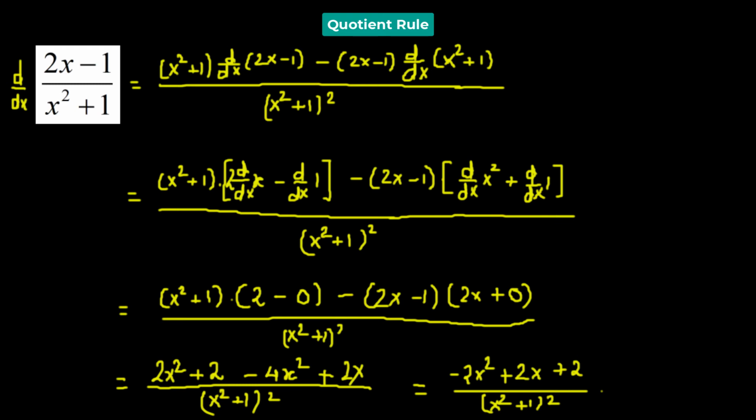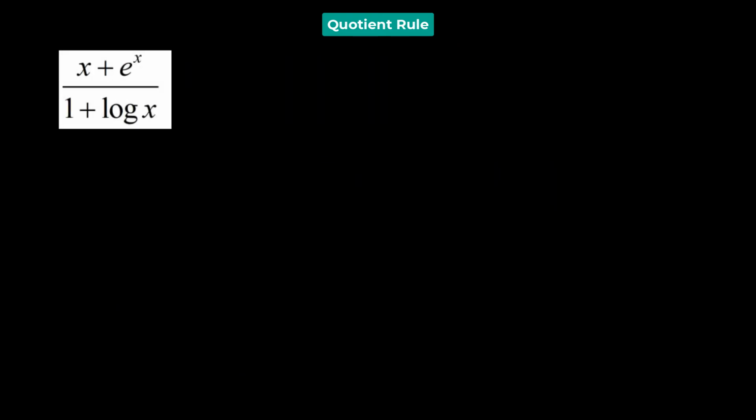Let us do another problem. So here we have the function (x plus e raised to the power of x) whole divided by (1 plus log of x). So we have to find its derivative using the quotient rule. So we begin with the denominator. So we have 1 plus log x, so we take the denominator and square it.